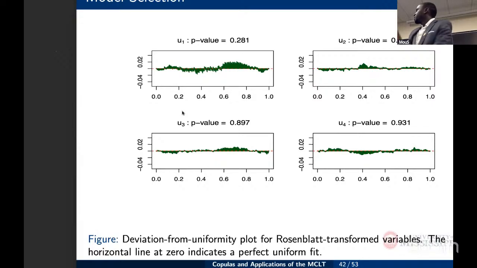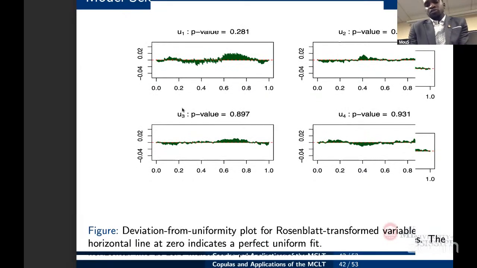So we see that all these characteristics are in favor of our extended FGM copula. The deviation from the uniform distribution is non-significant, and the p-values are in favor of the uniformity of the data. So that's why we can confirm that yes, it follows the extended FGM copula and it does a better job.